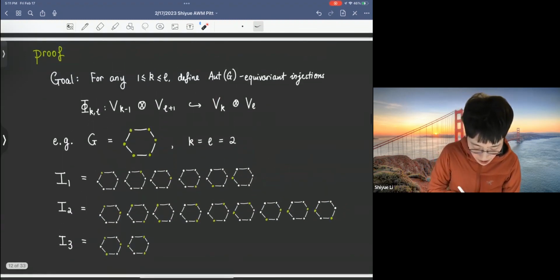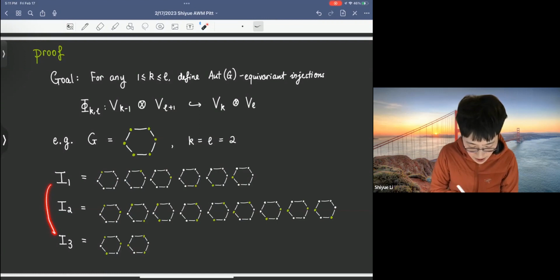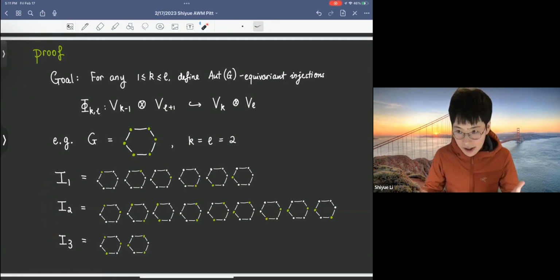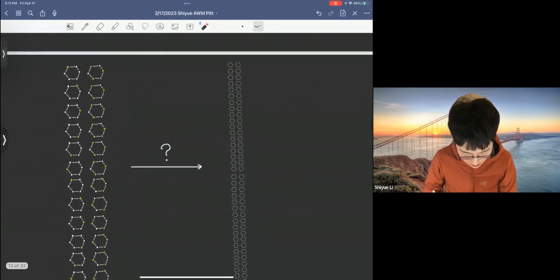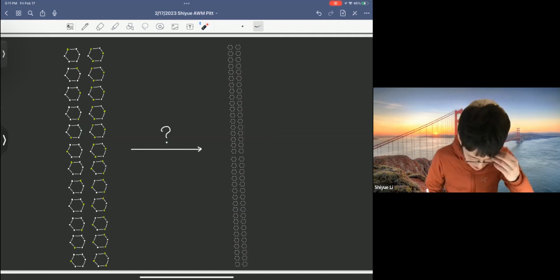So now we need to think about how we send pairs of an independent set of cardinality 1 and an independent set of cardinality 3 into pairs of independent sets of cardinality 2 and cardinality 2. Here I have drawn a picture of what we're trying to do. It is a little unclear if you just sit down like me last year.